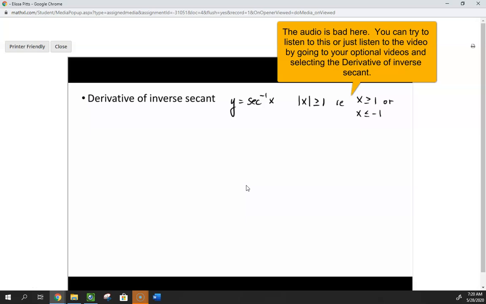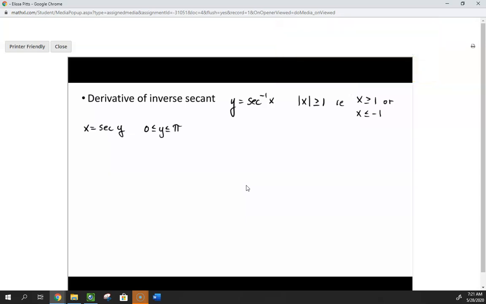So here, since y equals the inverse secant of x, x equals the secant of y. And that's valid for y from 0 to pi, where y is not equal to pi over 2. The secant is undefined at pi over 2.